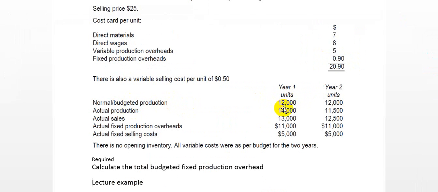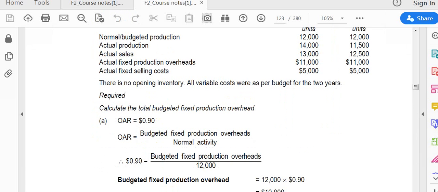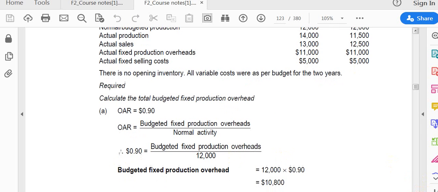You've seen the 12,000 units, normal budgeted production. So you substitute in the OAR formula, we're able to get our budgeted fixed overhead by making that one the subject of the formula. So 12,000 times 0.90 gives us 10,800 as our budgeted fixed production overhead.